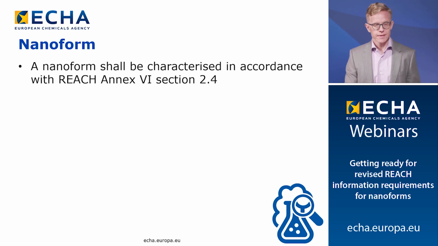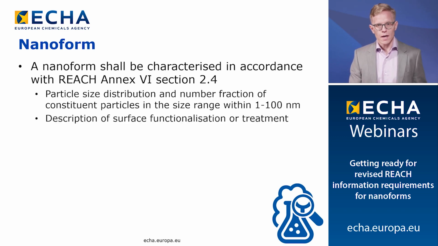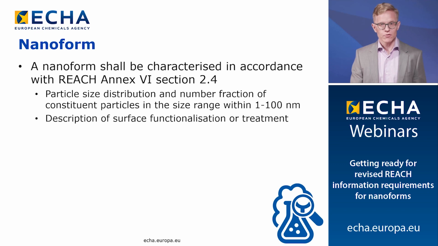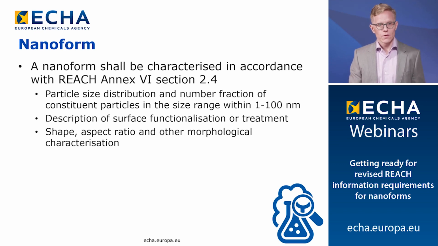The updated Annex 6 stipulates that a nanoform needs to be characterized based on the parameters defined in section 2.4. These parameters are particle size distribution and number fraction of constituent particles in size range within 1 to 100 nanometers, description of surface functionalization or treatment, shape, aspect ratio, and other morphological characterization, as well as specific surface area.